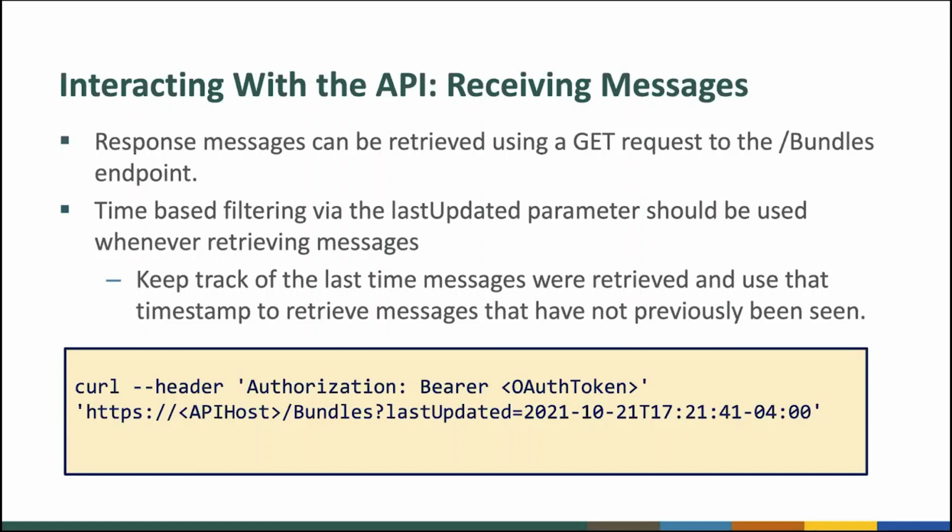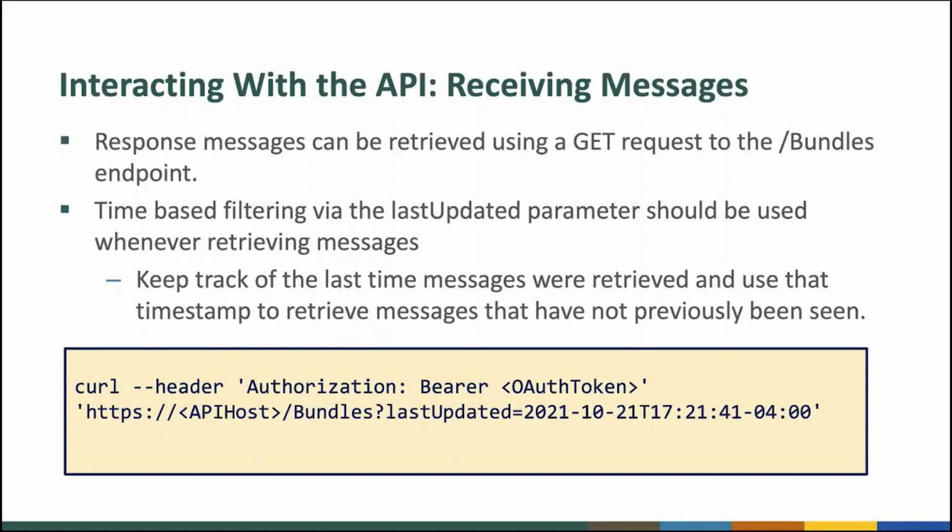And to make this efficient, there's the option to provide a last updated parameter. If you keep track of when you last checked for updates, each time you provide the time of when the last check occurred, this would be something preserved by the system, just a timestamp of the last access. Basically, it's saying, please give me all of the new messages since the last time I checked.